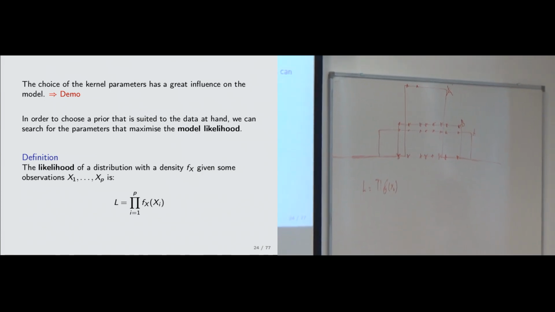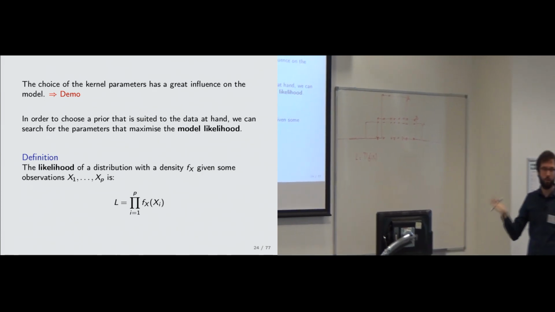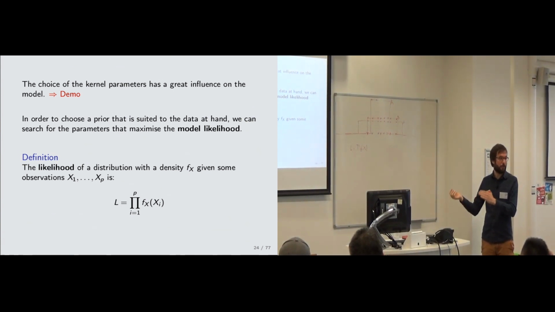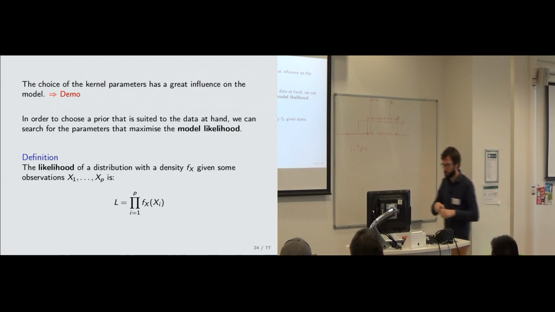So we can do the exact same thing for our Gaussian process. We have a distribution that is given by our prior. We have some data, and we can use maximum likelihood estimation to find the parameters of our distribution, so the variance and the length scale, that make our data as probable as possible. Okay?